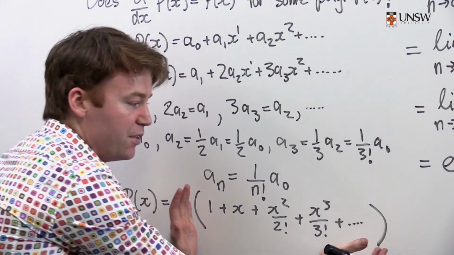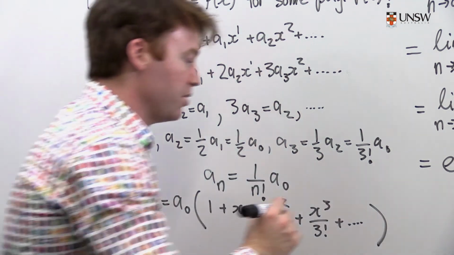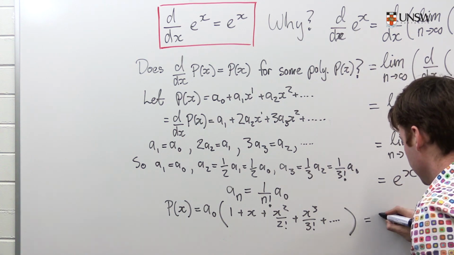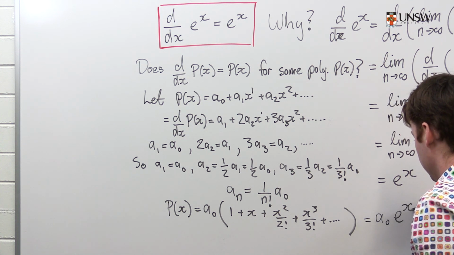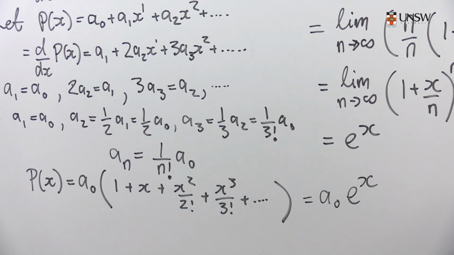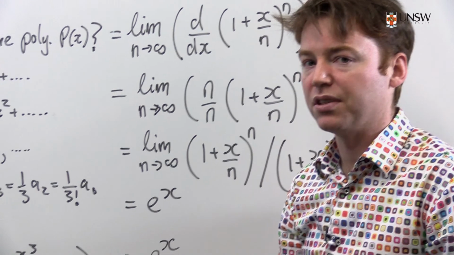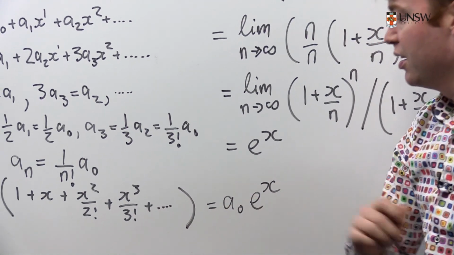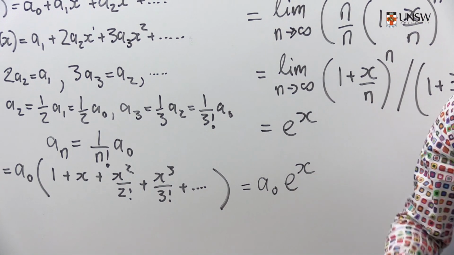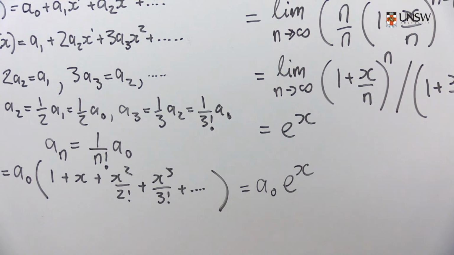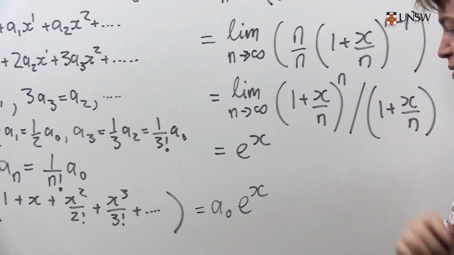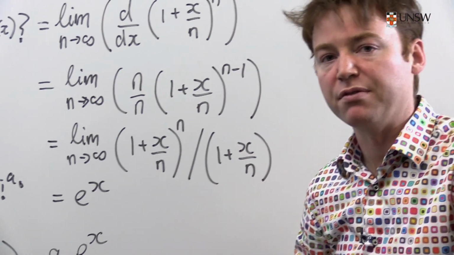And this infinite polynomial is an alternative representation of this e to the x, going back to Euler. This is what's called a power series representation of e to the x. It's very useful. This is what calculators use to calculate the value of e to the x for an arbitrary value of x.